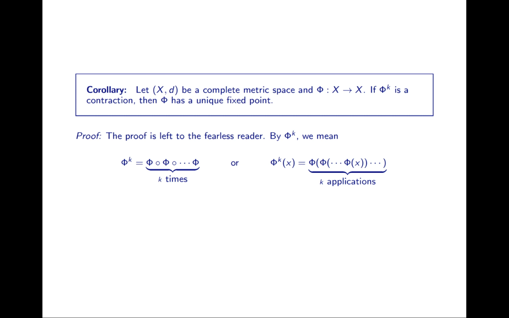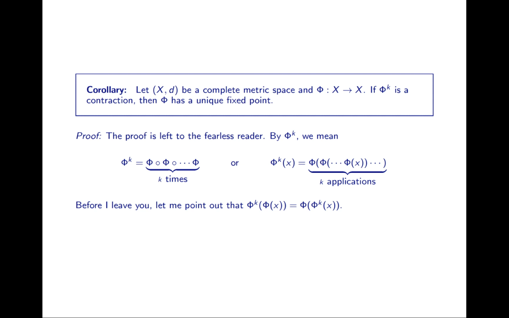And the proof is left to the fearless reader, or viewer, as it may be. But let me just note that by phi to the k, what I mean is the composition of phi with itself k times. Or put another way, phi of phi of phi of phi, k times, of x.